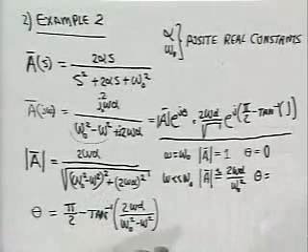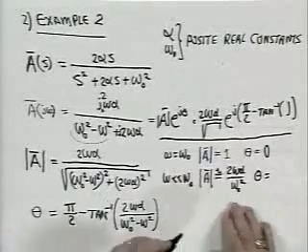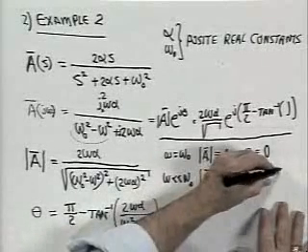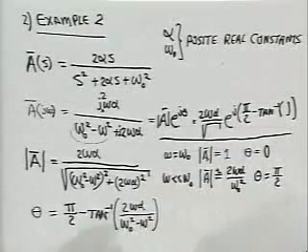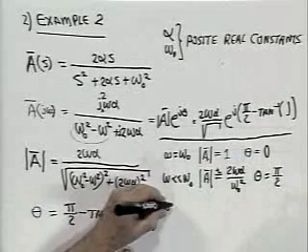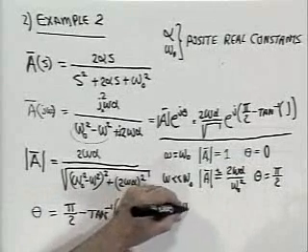So for this frequency, omega less than omega naught, this is just equal to pi over 2. And finally, we'll look at omega much, much greater than omega naught.